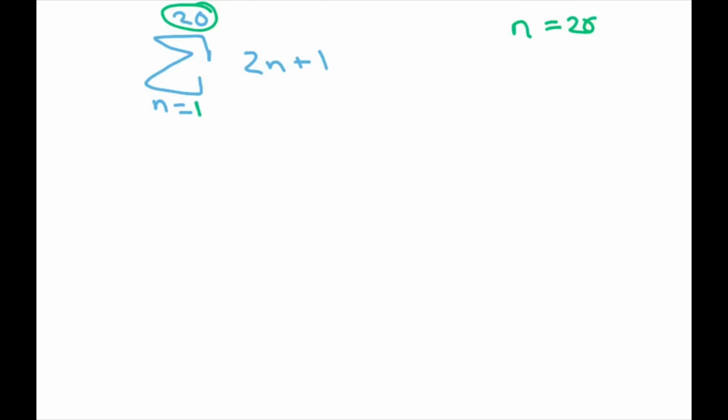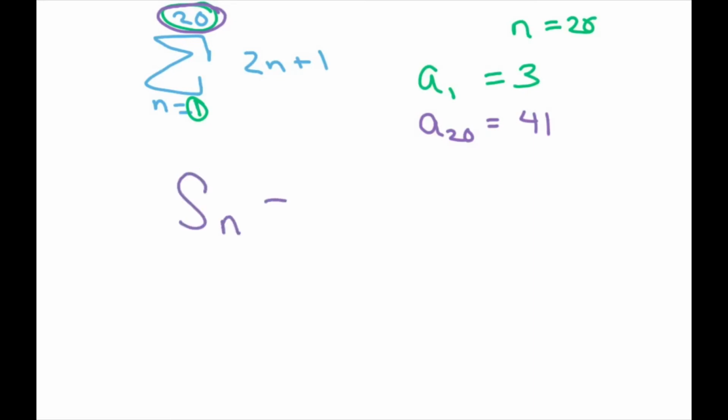All right. We know our first term, just plug in 1, and that's going to be 2 times 1 plus 1, so that equals 3. And our last term, we're going to plug in 20. So our 20th term, which is our last term, is going to be 41. And then you just use your sum formula.